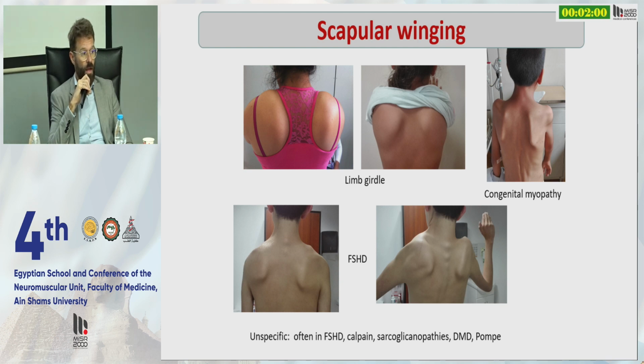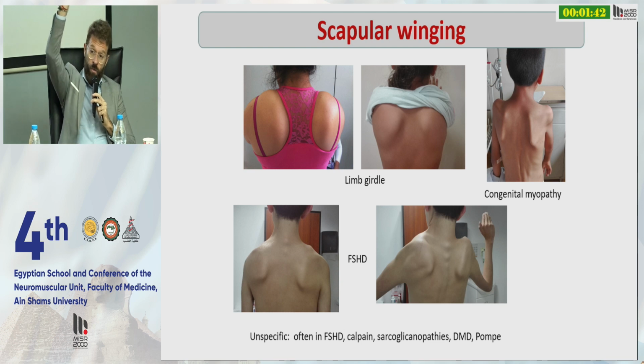The trapezius, exactly. And what is very interesting in this patient, and especially in this condition, scapulo-humeral muscular dystrophy, is that the deltoid muscle is preserved. So if you fix the scapula of your patient, he can do a normal or pseudo-normal elevation and abduction.